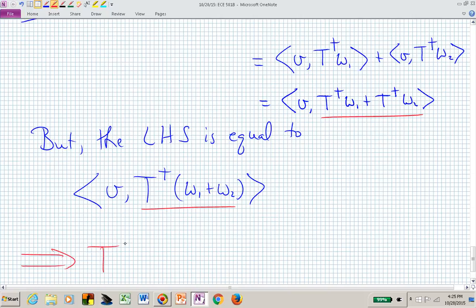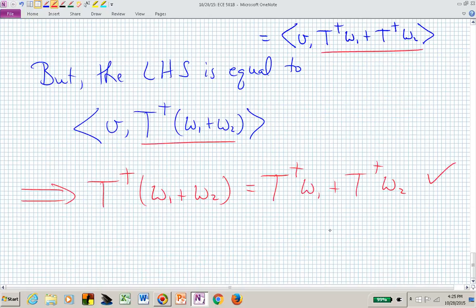This now says that T dagger of W1 plus W2 is in fact equal to T dagger W1 plus T dagger W2. We've shown that additivity is true for this adjoint.